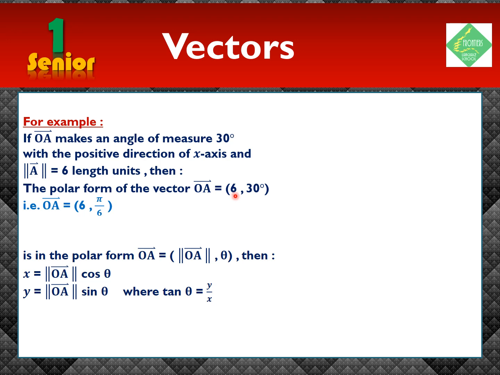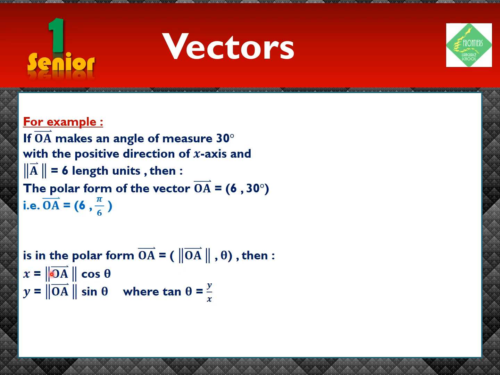In x its norm, which is 6, and in y the angle, which is 30 degrees. We can express it by 6 and pi over 6. So the polar form is a coordinates whose x point is the norm and y point is the angle.